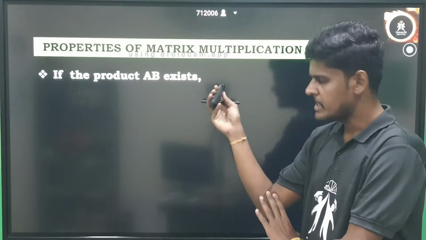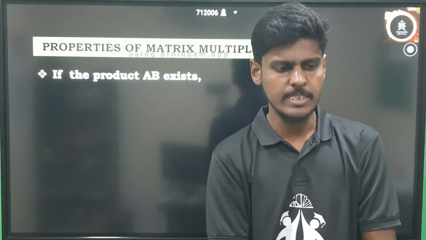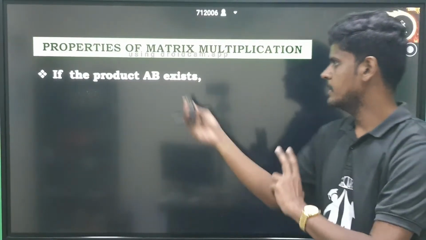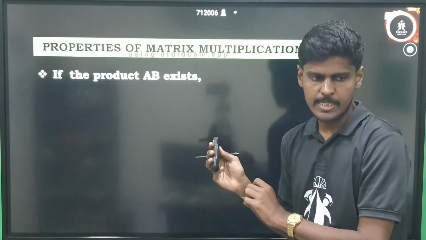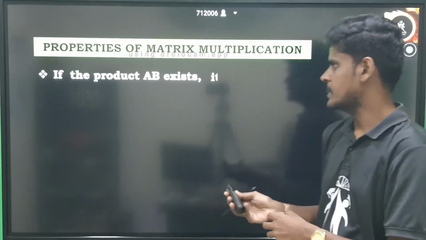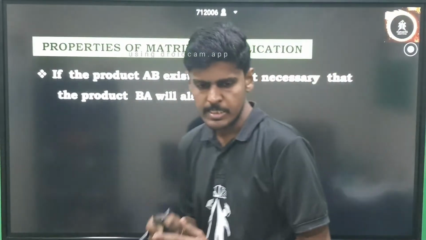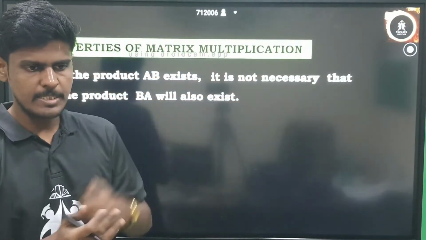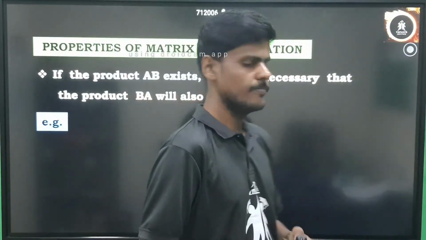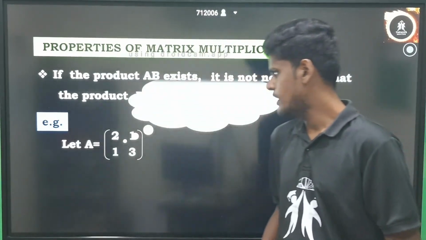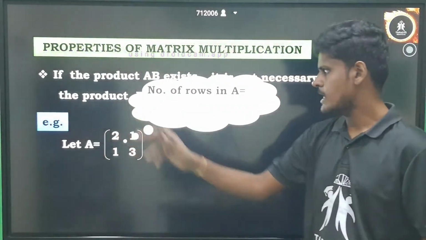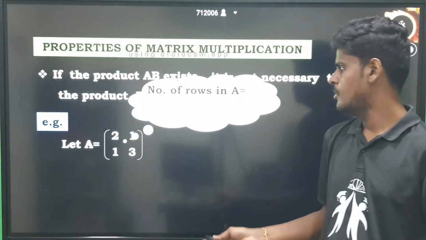The product matrix AB exists if the number of columns in the first matrix and the number of rows in the second matrix are the same. And AB matrix exists does not mean BA matrix also exists. For example, this matrix has the order 2 by 2.